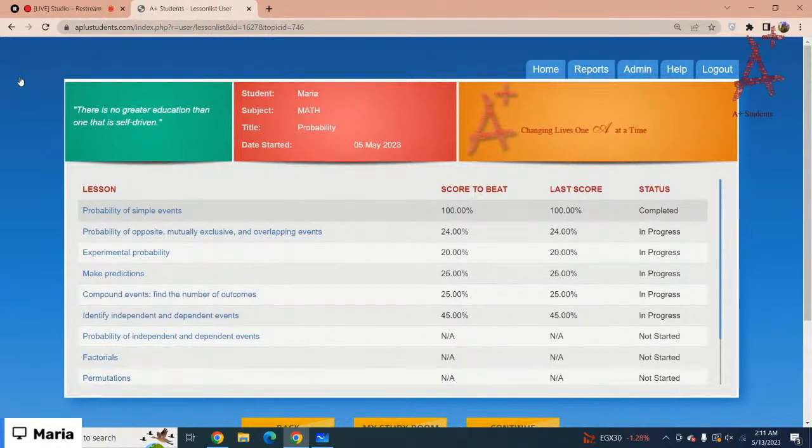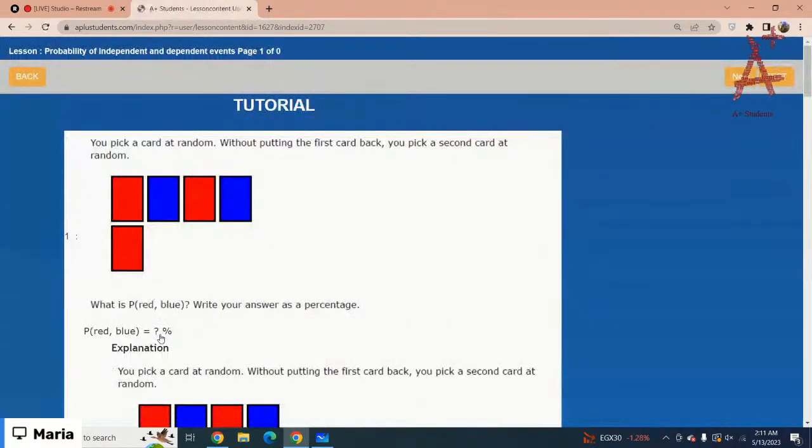And the next lesson is probability of dependent and independent events. Let's just start with the next lesson.